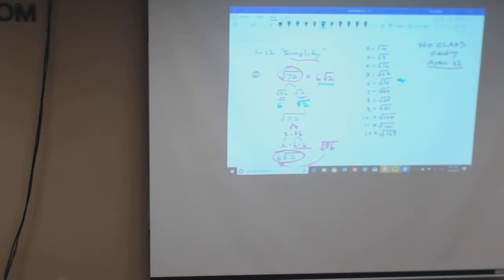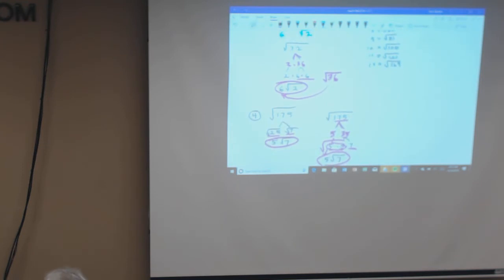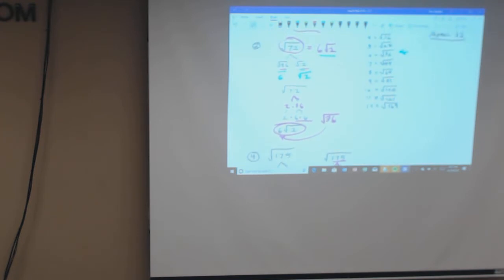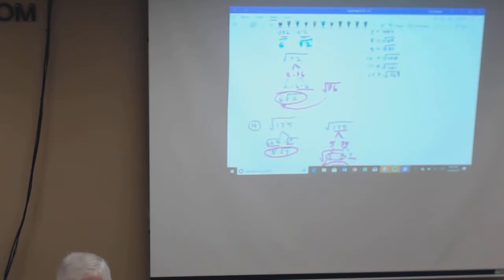Problem number 4 says the square root of 175, and as soon as I see 175, I'm going 25. There's my magic number, 25. How many 25s in 175? Well, there's 4 25s in 100, right?